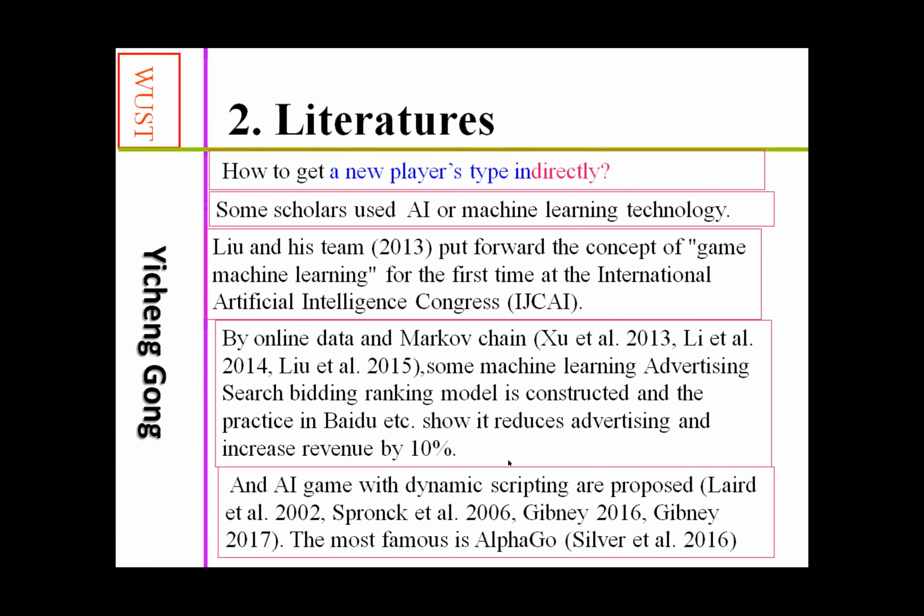And AI game with dynamic scripting was proposed. Another, etc. in 2016 and 2017. The most famous is about AlphaGo, okay, which is 2016.